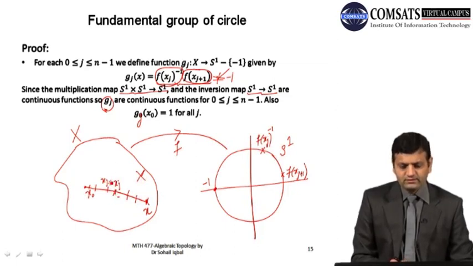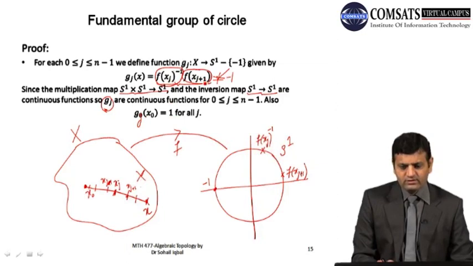So this is xj minus 1, this is xj plus 1, and then use this definition to find the value of gj of x. And of course if you are taking your initial point and final point to be x naught, then the line segment joining them is just a point, so this value is going to be equal to 1.